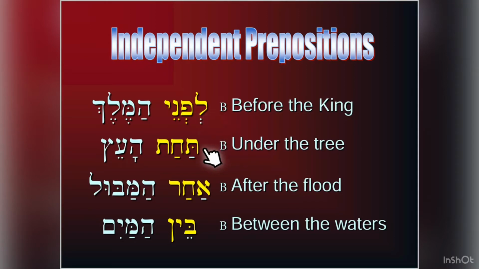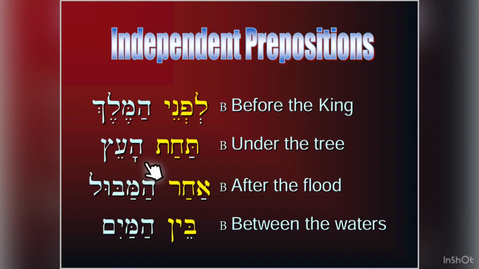Similarly, we have another word called takat, which means under. So, takat ha'edz means under the tree. Now, you see here, ayin is a weak guttural. Before a weak guttural, you see a compensatory lengthening of the vowel, from a short vowel to a long vowel.